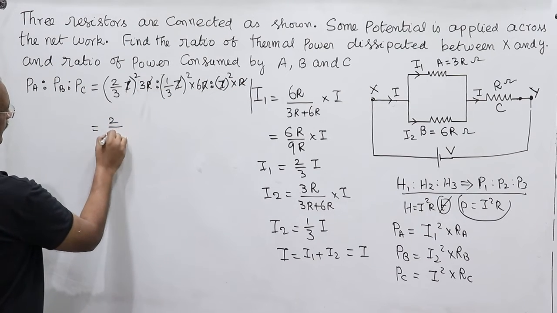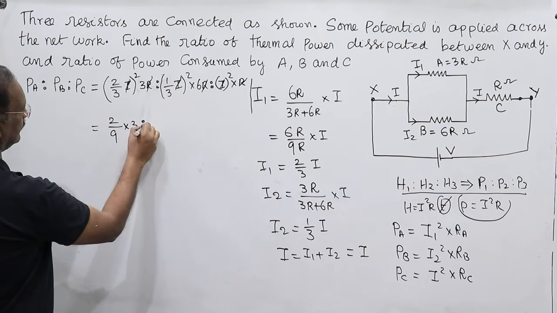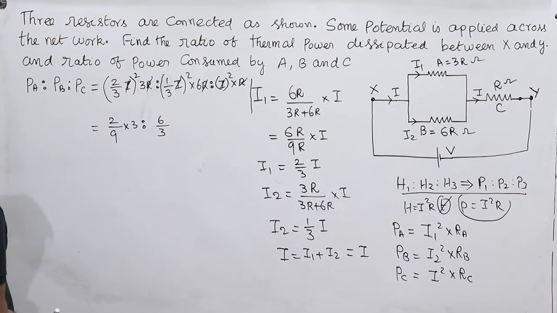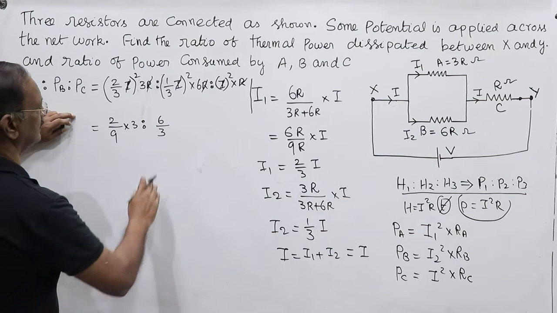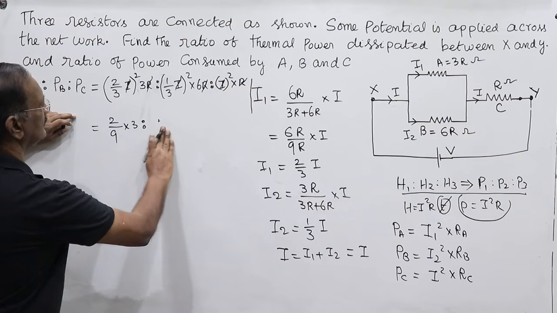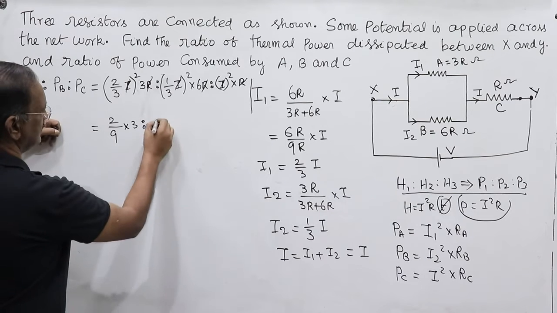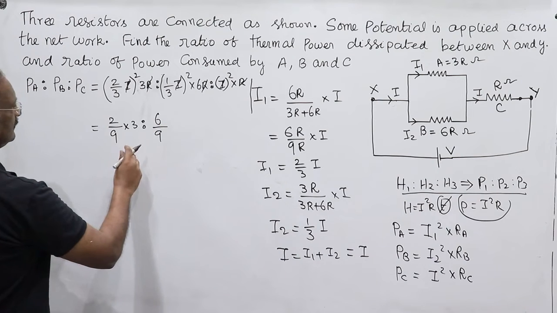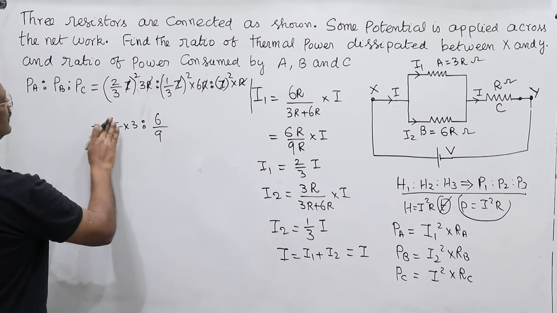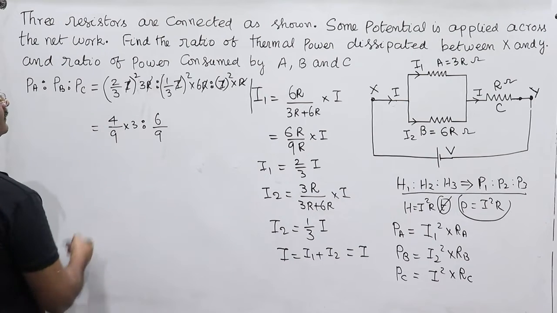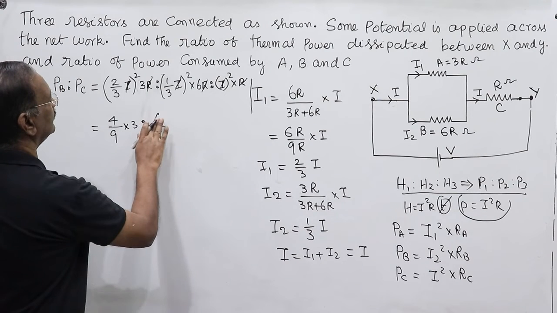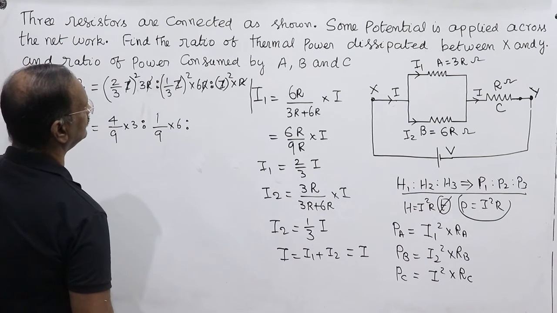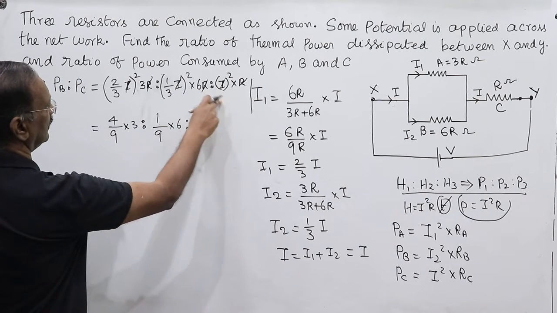This becomes 4 by 9 into 3 is to 1 by 9 into 6, is to 1, which is into R. How much does it come to?